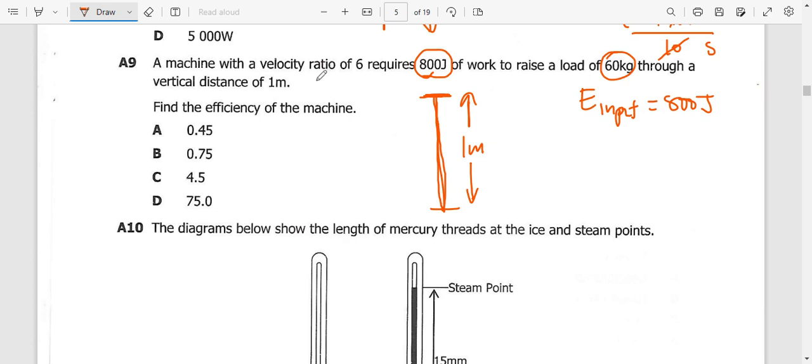Simple machines. All right. So let me talk about if you say velocity ratio. What do we mean by velocity ratio? So velocity ratio, which I can also say VR, in simple terms is given as the ratio of the distance moved by the point at which an effort is applied.